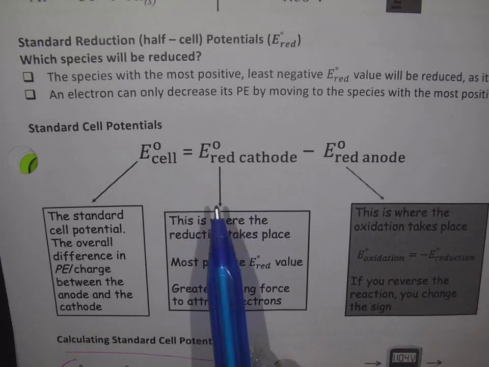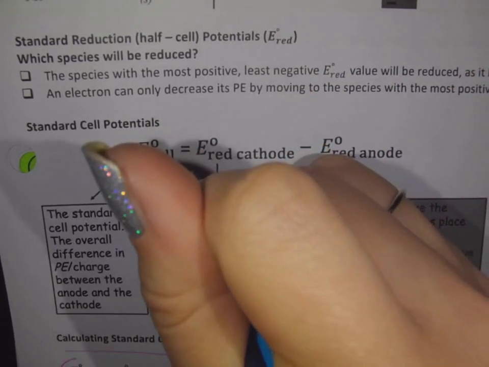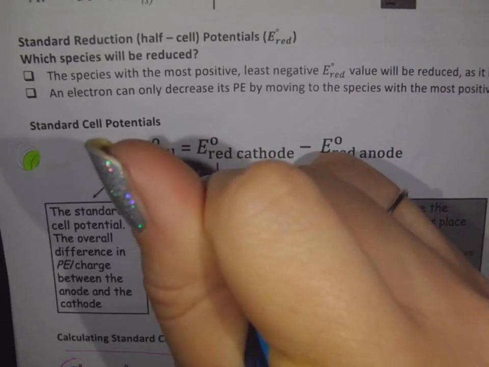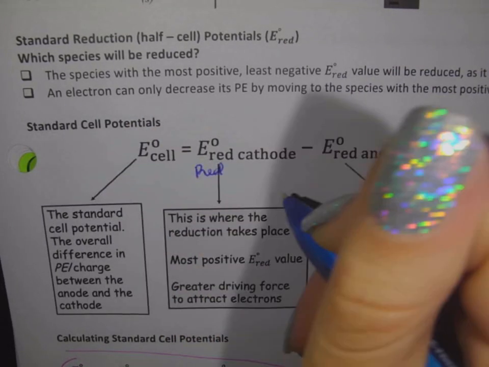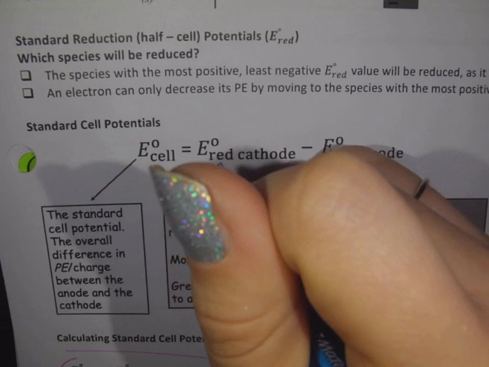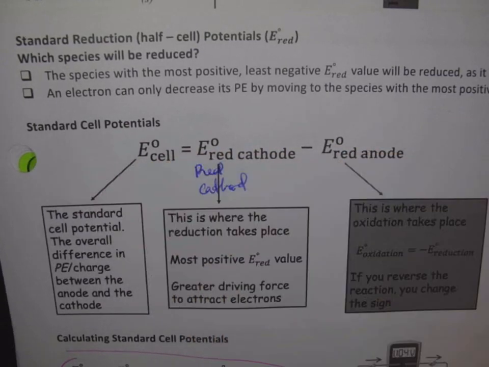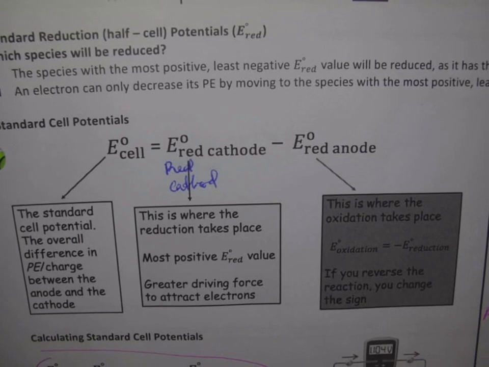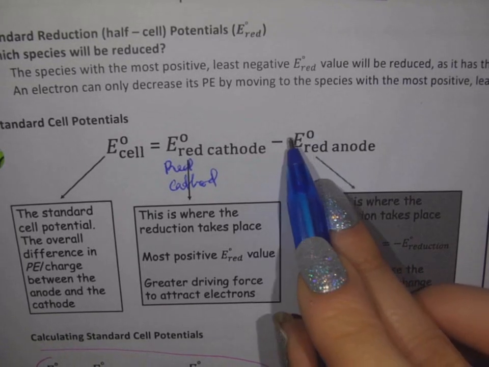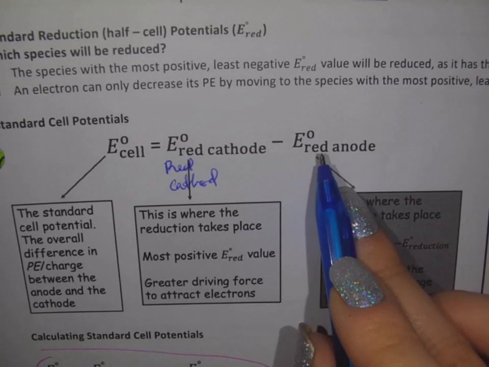The reduction, so the item that's actually going to be reducing, that's the red cat, so cathode. That's the one that goes first. And then minus the reduction reaction of the anode.